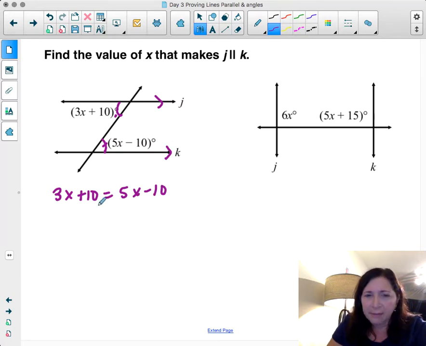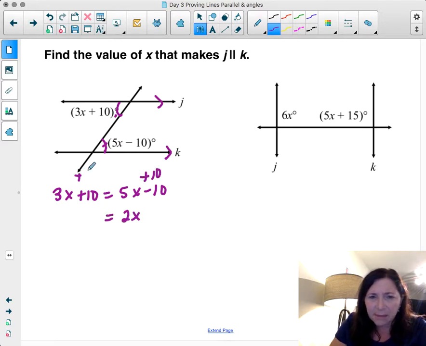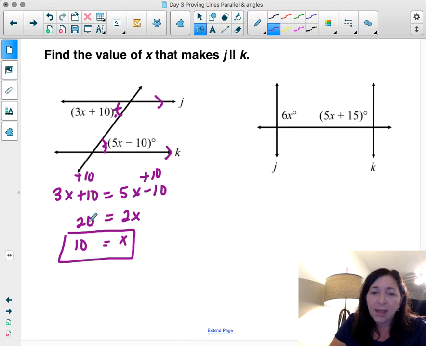Subtract 3x, I have 2x here. If I add 10 to this side, I get 2x equals 20, and therefore x is equal to 10. So the value of x that would make these two lines parallel is x is 10.